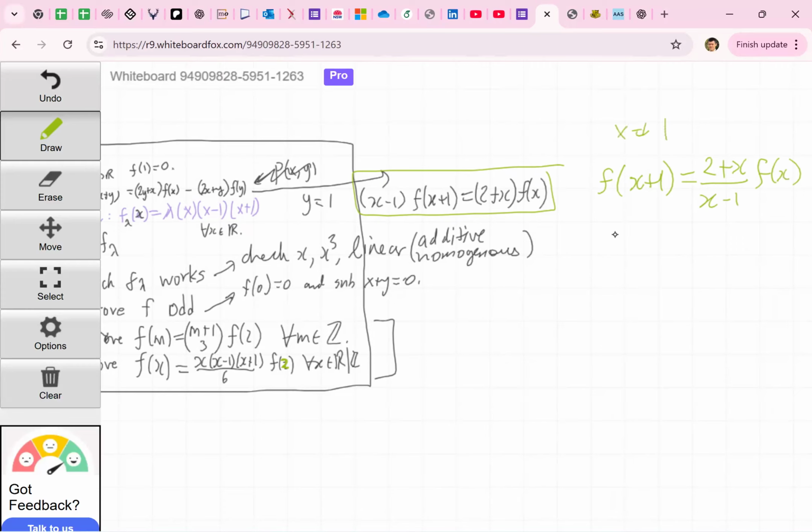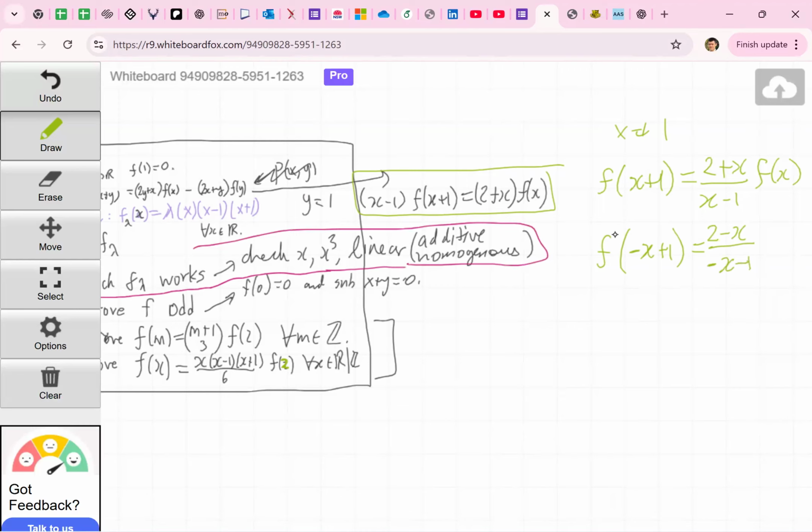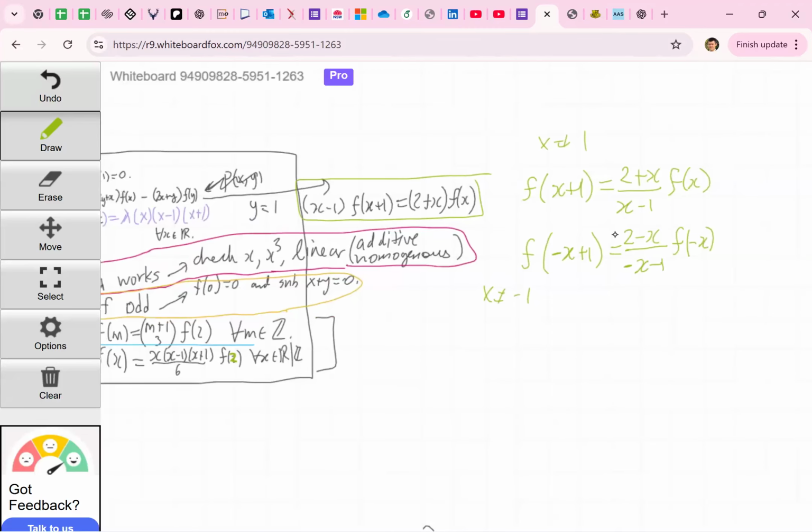We don't necessarily need to make exceptions. Then we do the f of minus x thing: f of minus x plus 1, so 2 minus x over negative x minus 1 times f of negative x. Here we just need x not equal to minus 1. And this is equal to (2 minus x) over (x plus 1) times f of x. You might have a really nice write-up now, because your suggestion is very good.